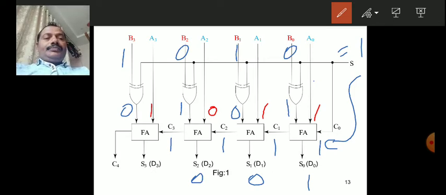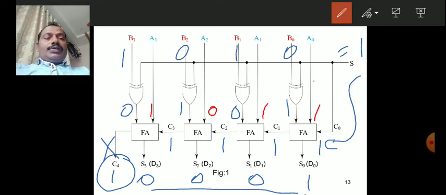Next, the fourth full adder: 0 plus 1 plus 1, it is carry 1, sum 0. Neglect the carry, always neglect the carry. So what is the answer we got? 0 0 0 1. That means we got the required answer.